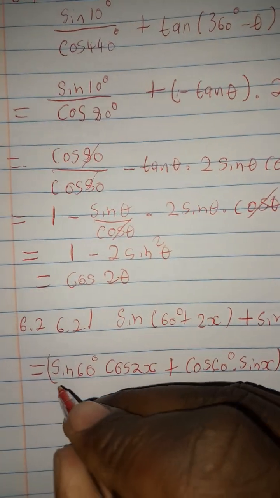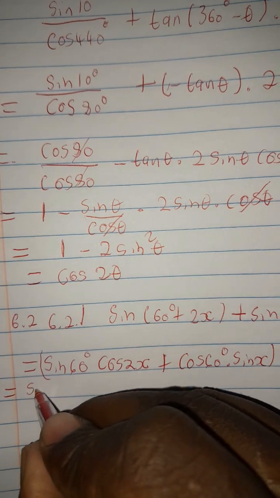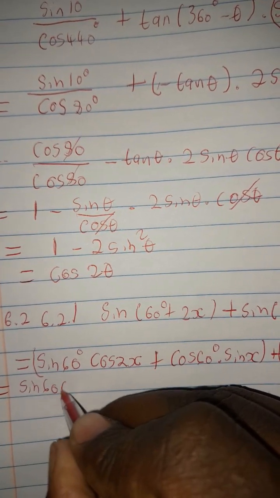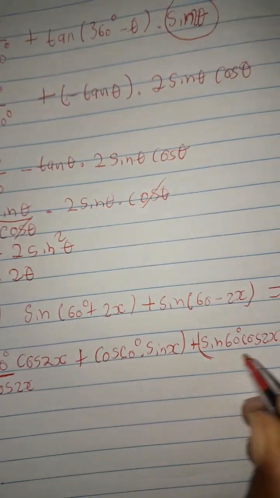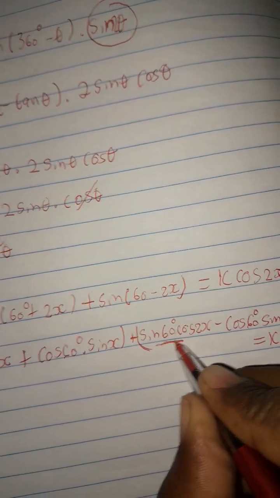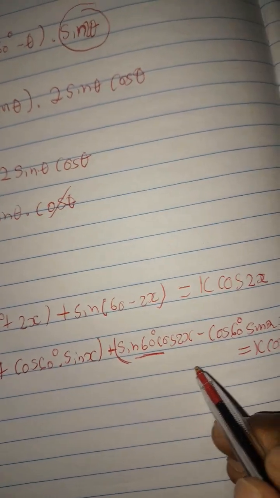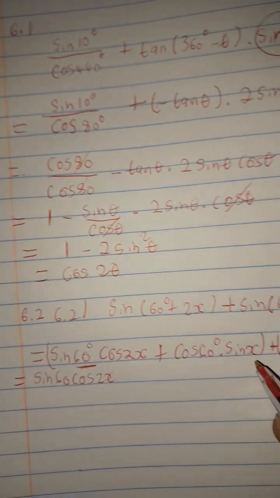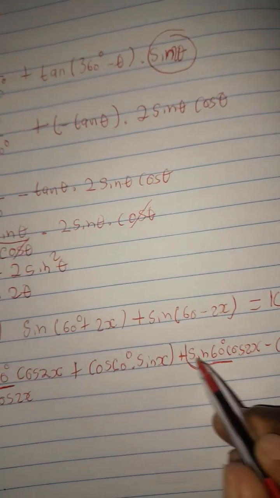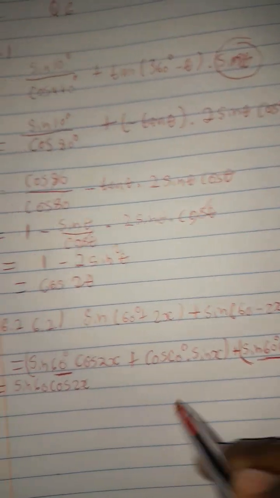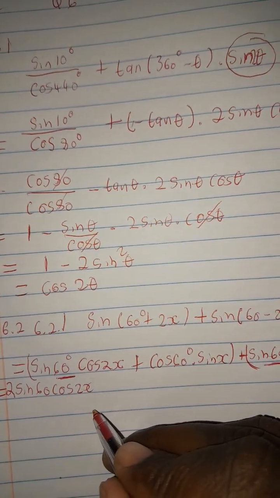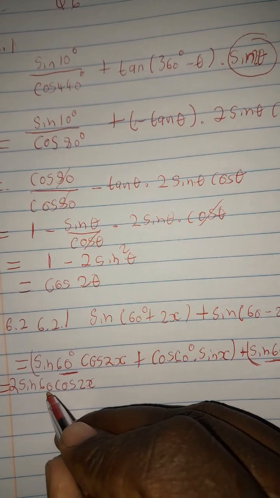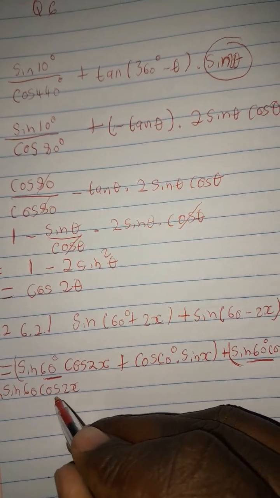It's very important to collect the like terms. Let's collect them. Sine 60 cos 2x. Do we have something like that? Yes, we do. We have sine 60 cos 2x, and we also have sine 60 cos 2x. When we add these two, these are the like terms, so we are going to be left with 2 sine 60 cos 2x.